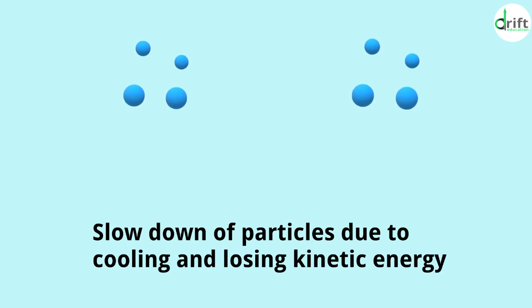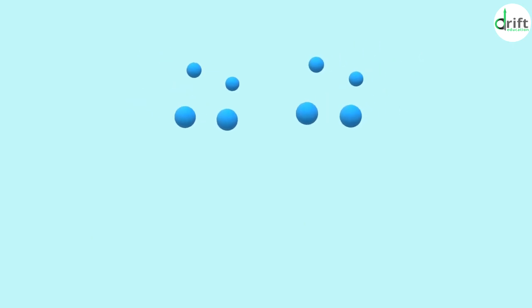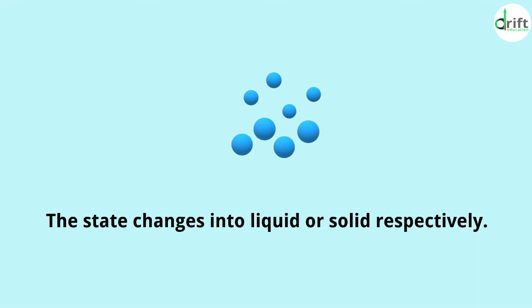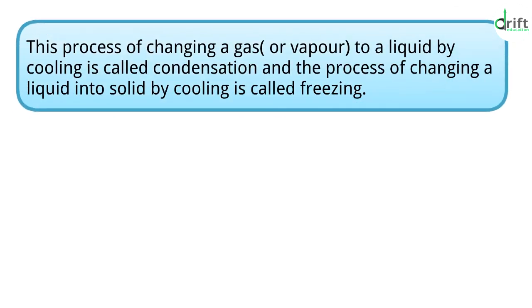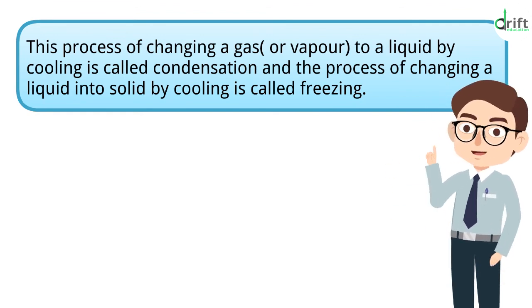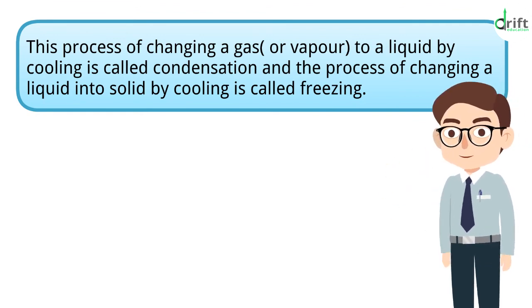So they slow down and come close. Their interparticle forces of attraction increase, and thus the state changes into liquid or solid respectively. The process of changing a gas or vapor to a liquid by cooling is called condensation, and the process of changing a liquid into solid by cooling is called freezing.